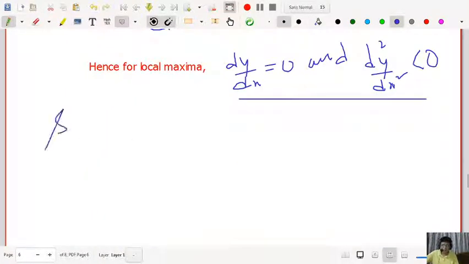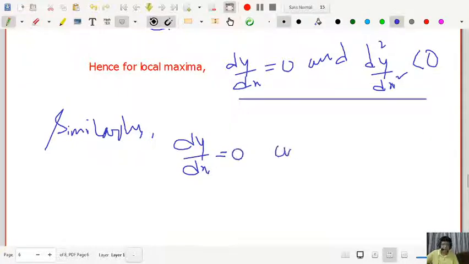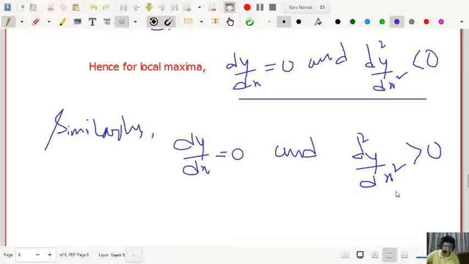So similarly dy/dx equal to 0 and d2y/dx2 should be greater than 0 at that point.